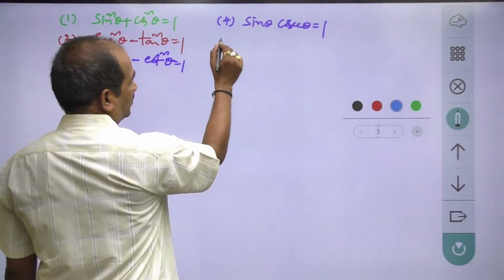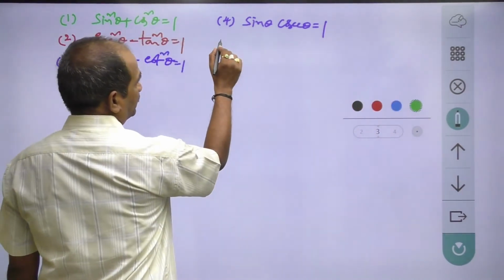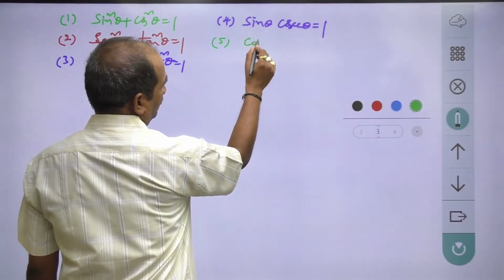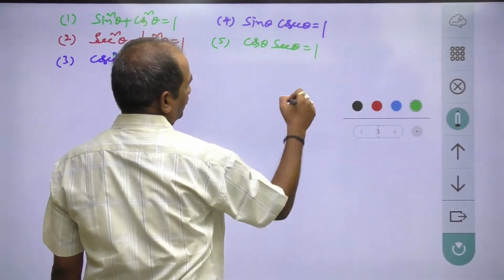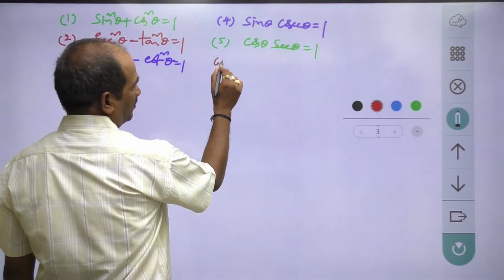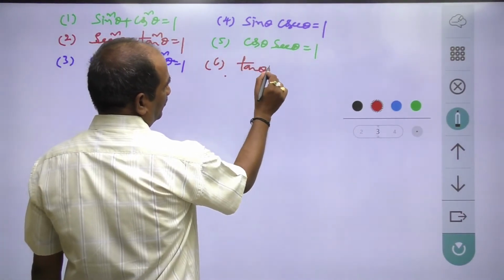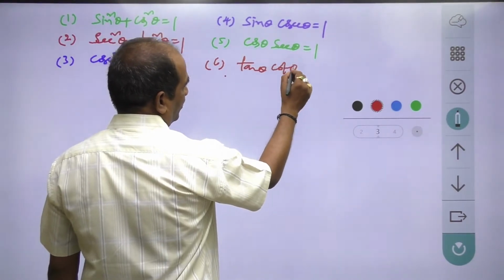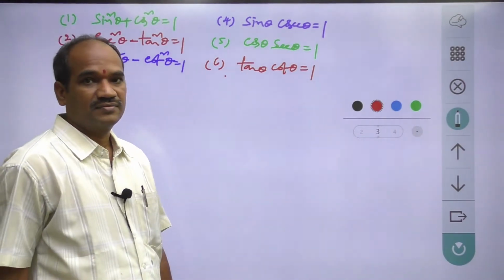In the fifth one, cos theta into secant theta is equal to 1. In the sixth one, tan theta into cot theta is equal to 1. These are trigonometric identities.